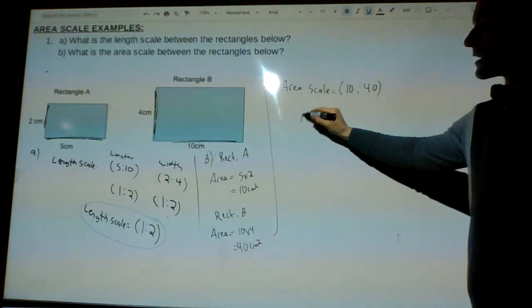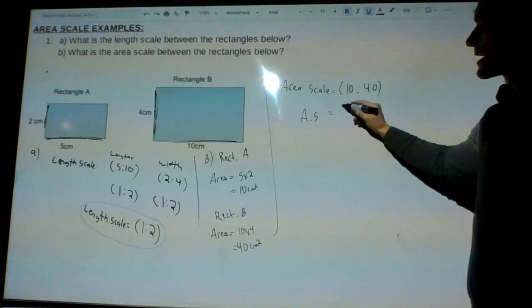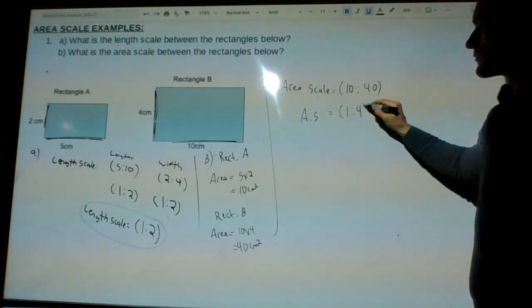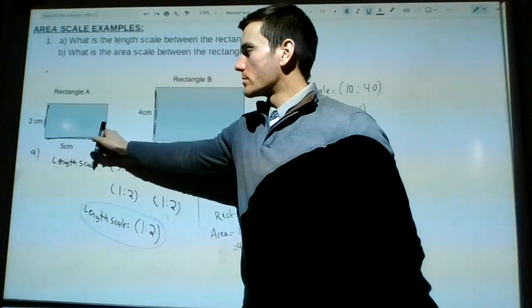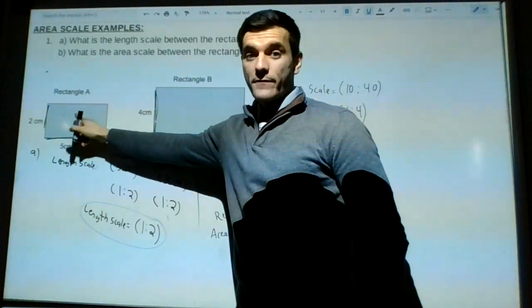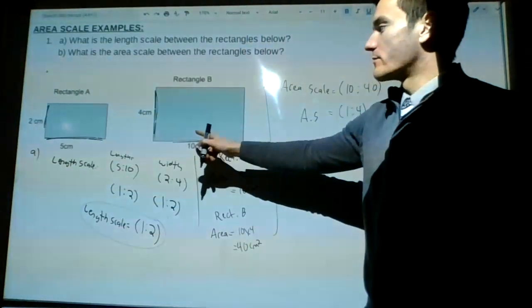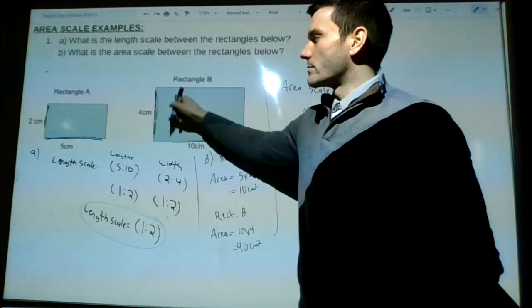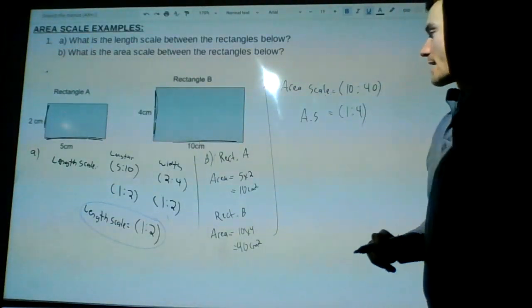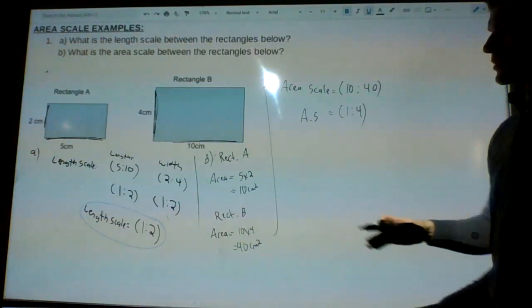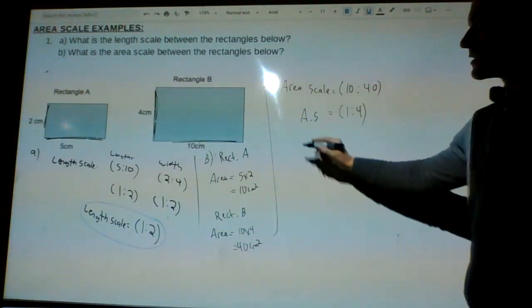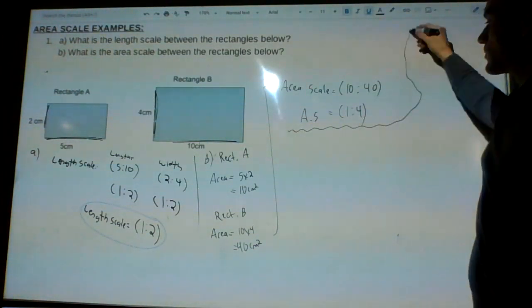Area scale, so AS, area scale is 1 to 4. What this means is every 1 little centimeter squared in this first rectangle will give me 4 centimeters squared in the second rectangle. That's all good. Let's just show, though, this takes a little bit of time doing this way. So let's just show method 2 to find area scale.